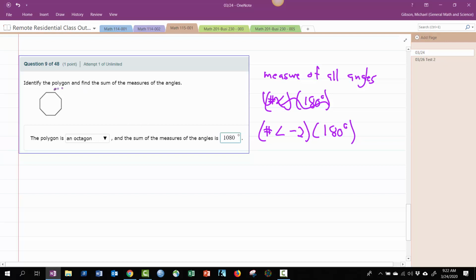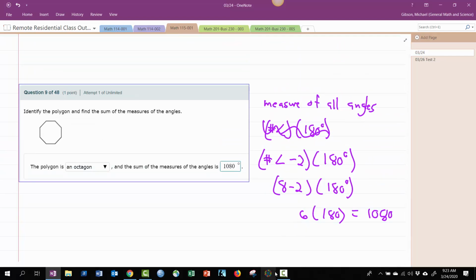So in this case, there's 8 sides, so there's 8 angles. So what we have is 8 minus 2 times 180 degrees. So 6 times 180, and that does equal 1080. All right. There's our mini review for this. I hope you found that helpful.